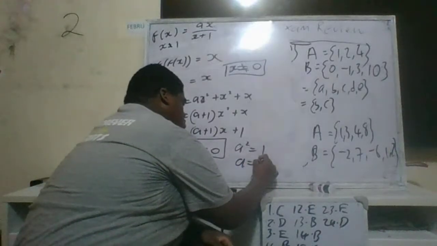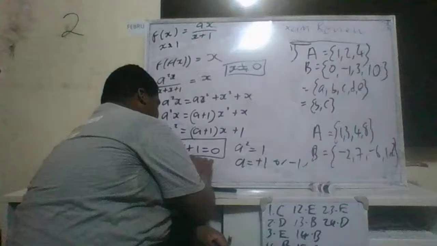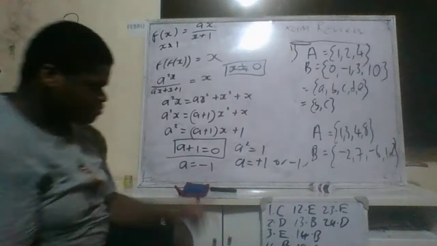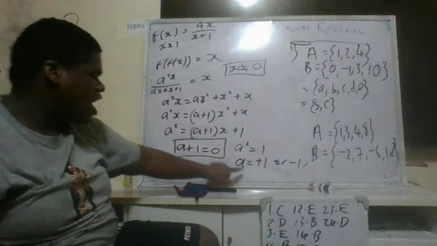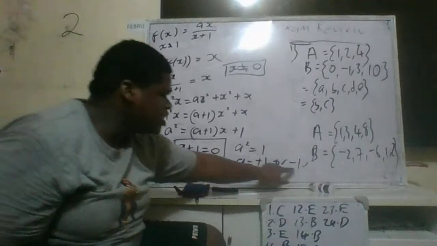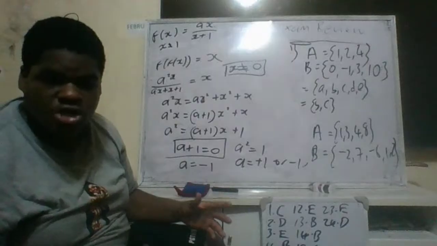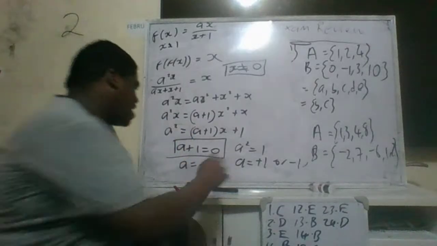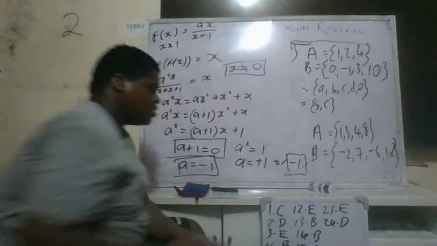So this will give you that a is equal to plus 1 or minus 1, and the first one will give you a is equal to only -1. Which one are you going to pick? Remember, they are simultaneous equations, so whatever value of a you pick should satisfy both equations. And a equals -1 is the only one that satisfies both equations.